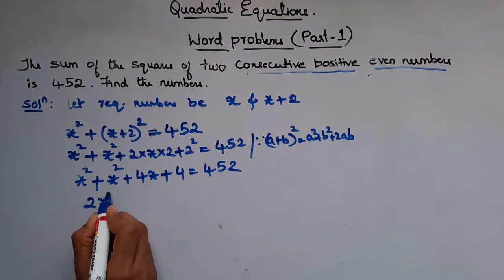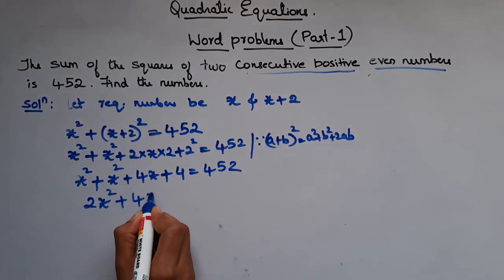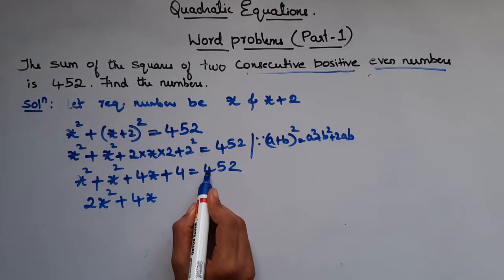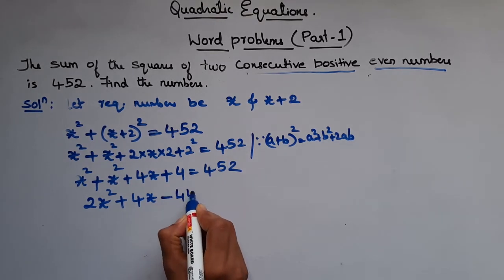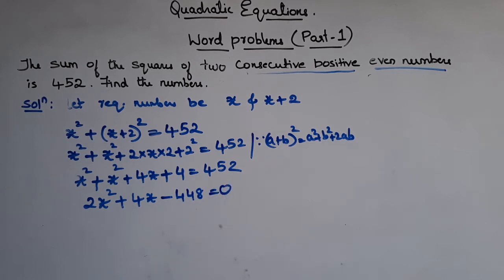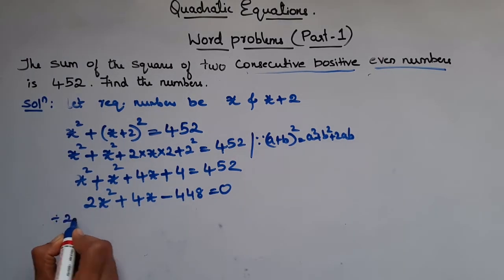So 2x square plus 4x plus 4 and minus 452 will give you minus 448, which is equal to 0, right? So now divide this equation by 2.